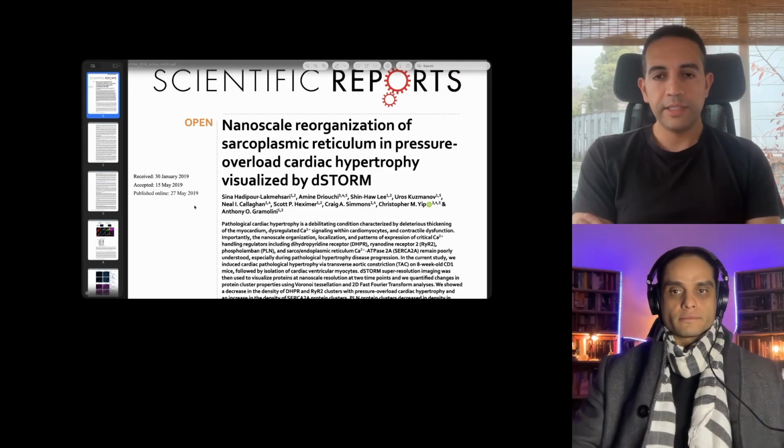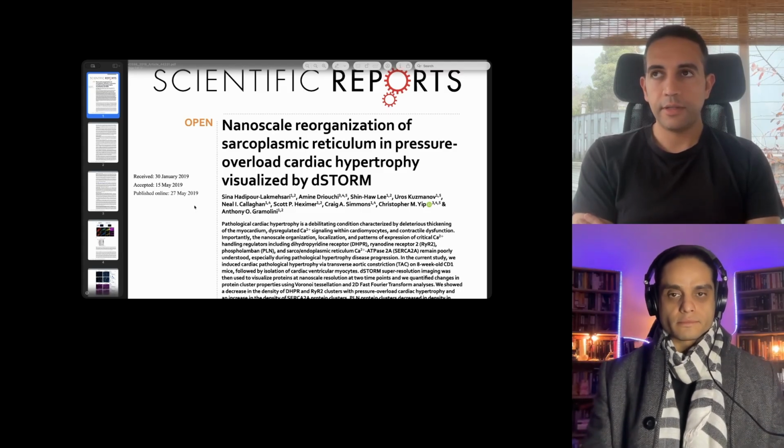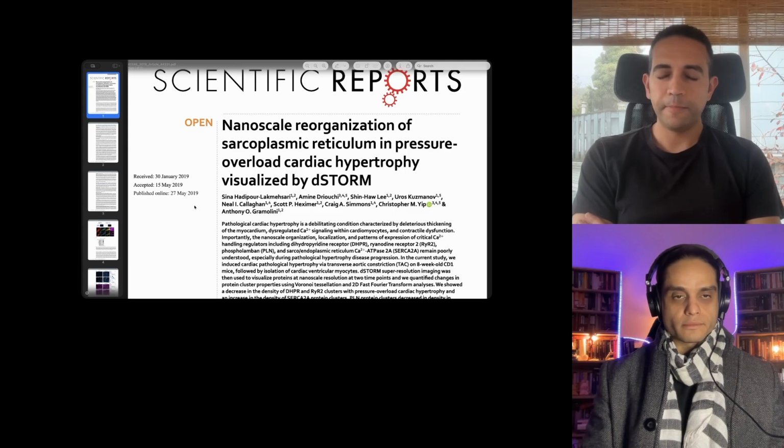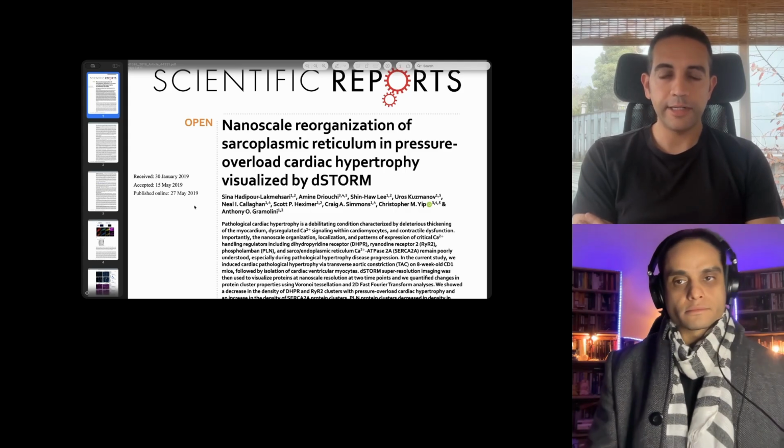What you're doing in this case is exciting your sample with very high laser power, matching the excitation emission profile of your fluorophore to get it to blink. You use photo switching buffers to keep your fluorophore mostly in an off state, as we were talking about earlier.